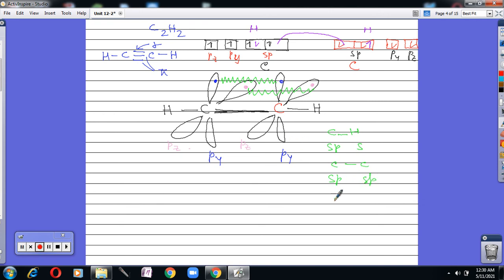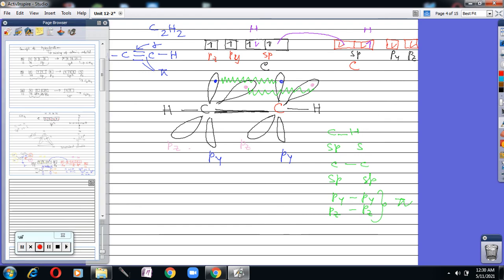And py-py, pz-pz are all pi bonds, right? These are all the examples of the three hybridizations in our syllabus, right? I hope it will clear the entire concept of hybridization. Okay, that's all for today.